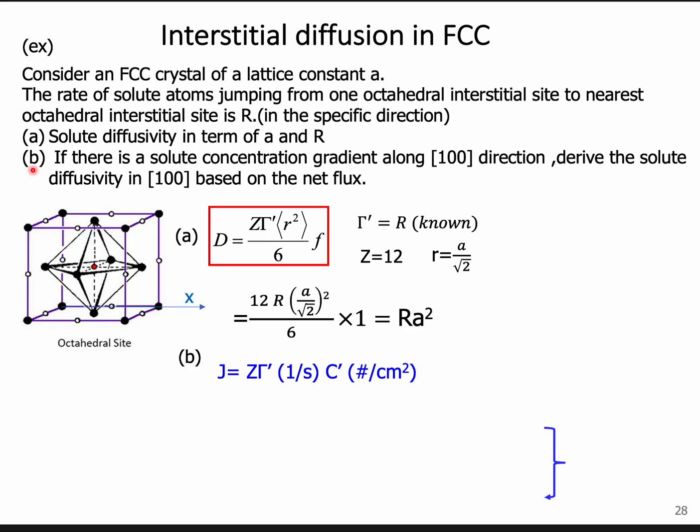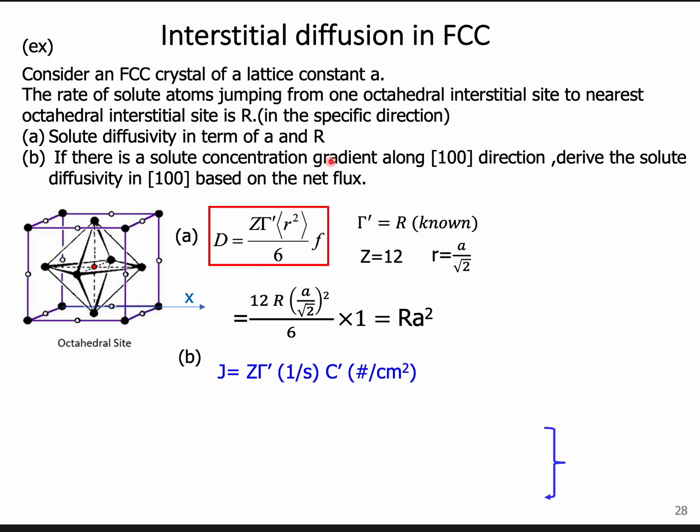Okay, so how about question B? If we assume there's a solute concentration gradient along the 100 direction, along the x-axis, it means there's a constant flux of solute atoms passing through this direction. Please derive the solute diffusivity in the 100 direction based on the net flux.